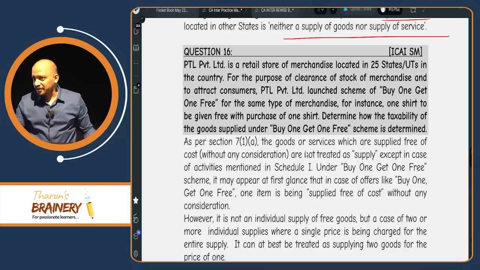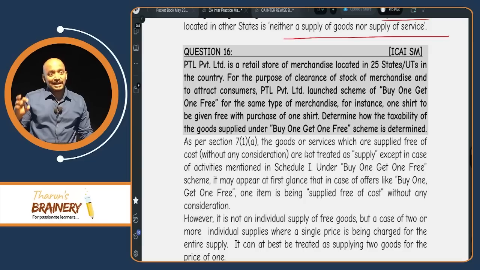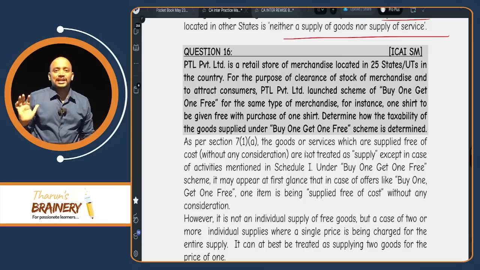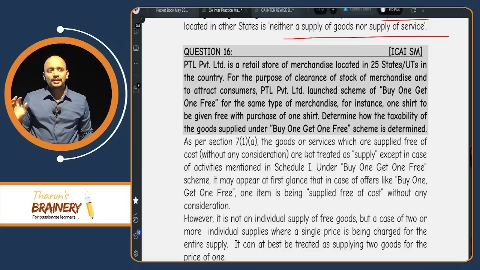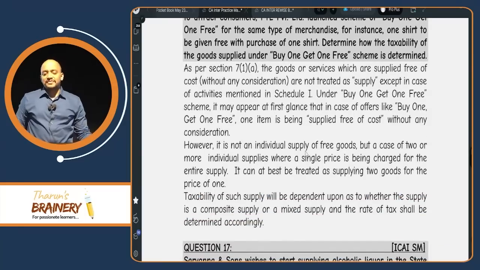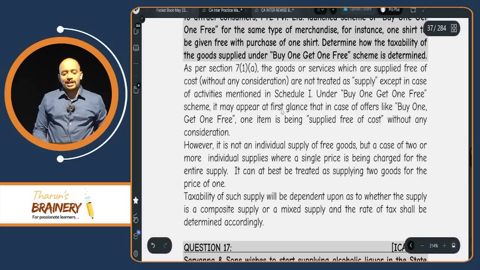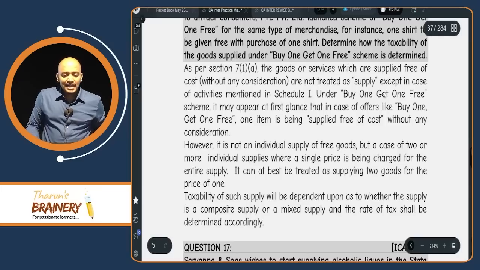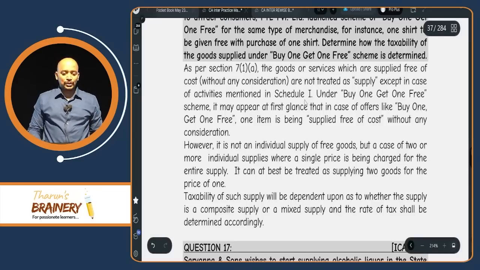So this buy one get one free or buy one get a product free, how we need to treat? We need to treat it as composite supply or mixed supply. Goods or services which are supplied free of cost are not treated as supply except when it is covered under Schedule 1. Under buy one get one free scheme, it may appear that one item is given free without the other.